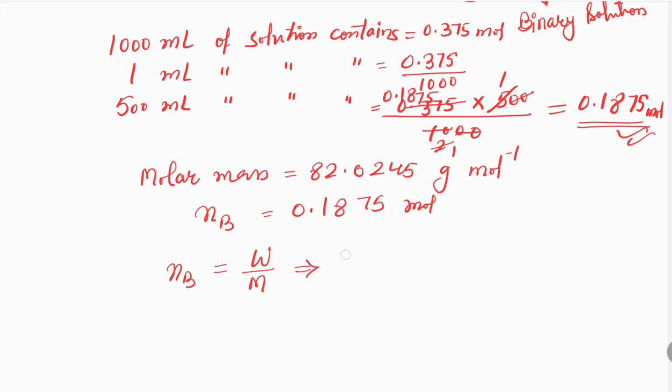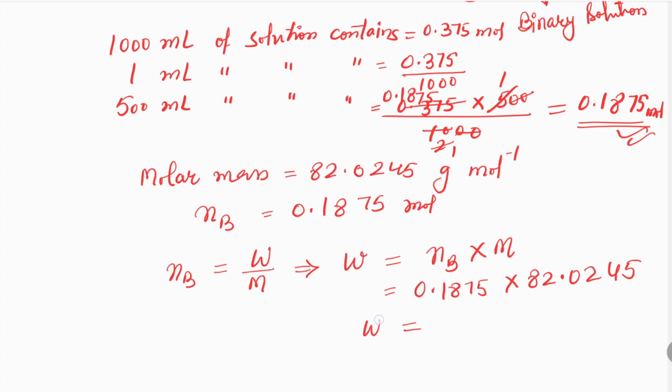What we have to calculate is the given mass, which is equal to Nb multiplied by molar mass. Nb is the number of moles, which is 0.1875, multiplied by molar mass 82.0245, and we got the mass in grams, which is approximately 15.38 grams. So this is how you will calculate the mass.